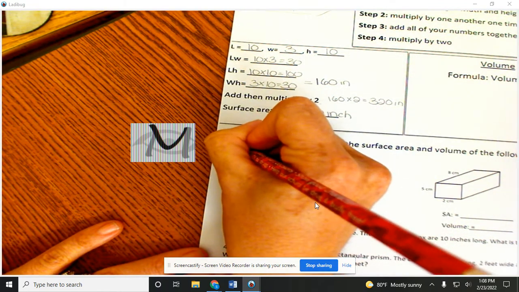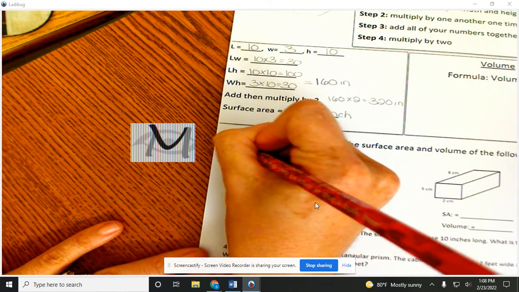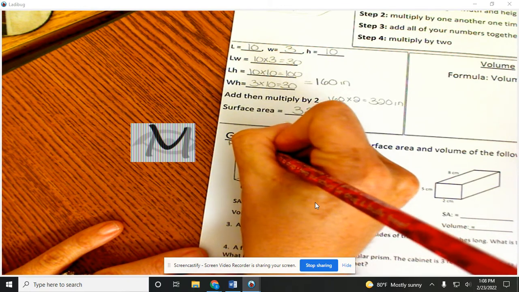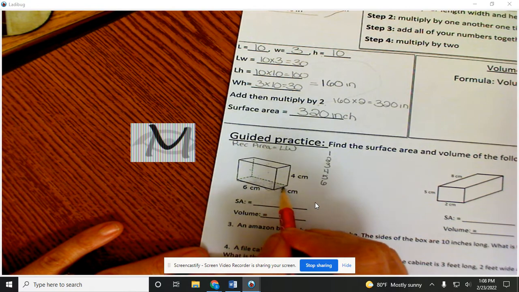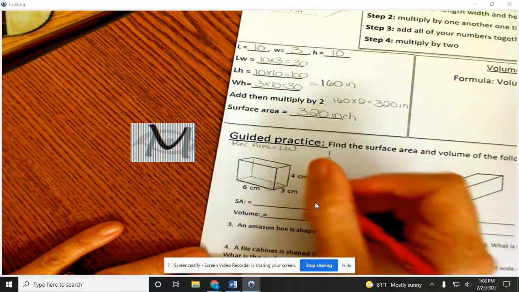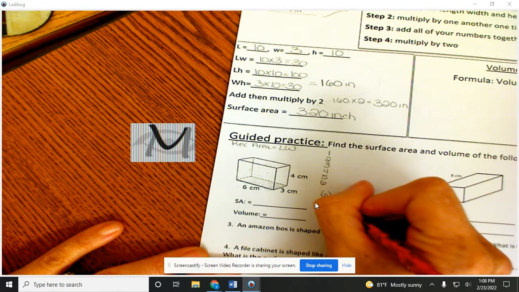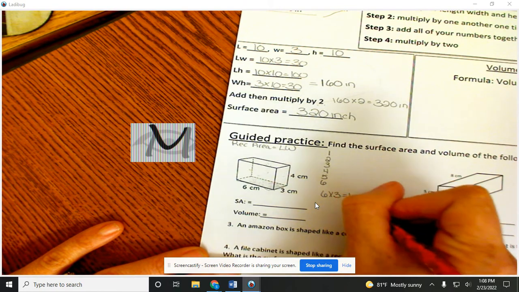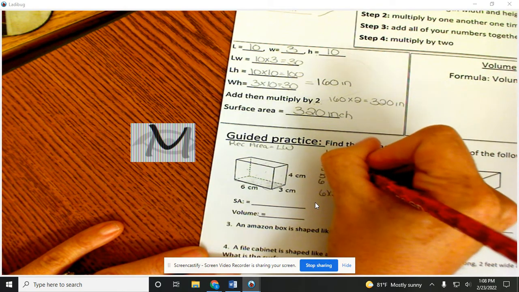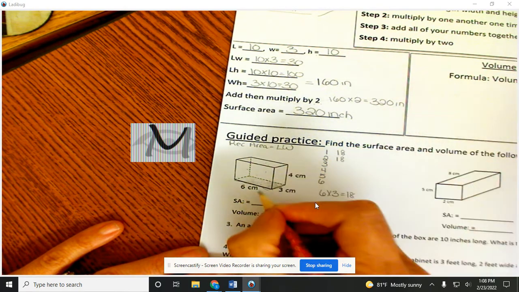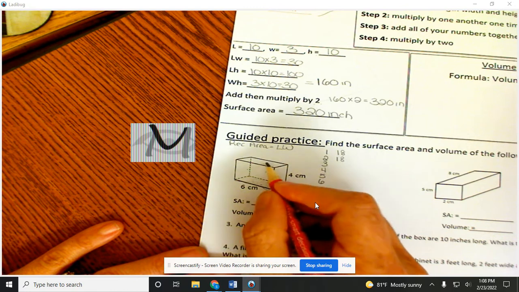We've got rectangles, and the area of a rectangle equals length times width. So it's going to be 6 times 3, which equals 18. So we have 18 for the bottom side and 18 for the top side. Both of these are 18 centimeters.